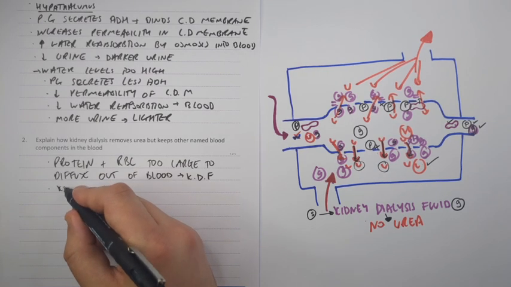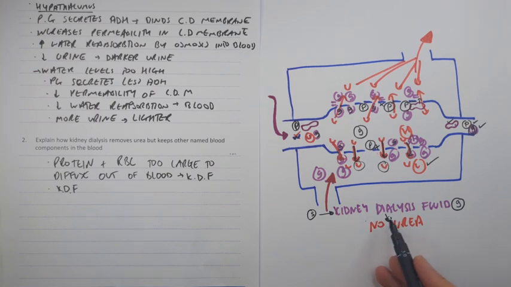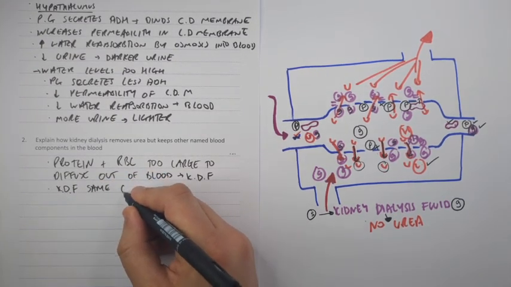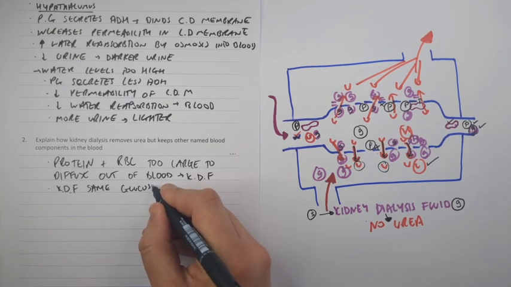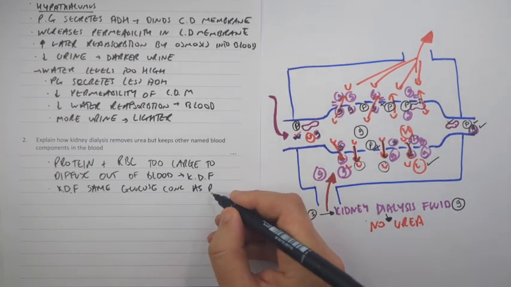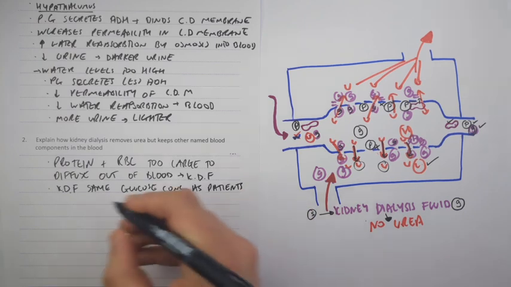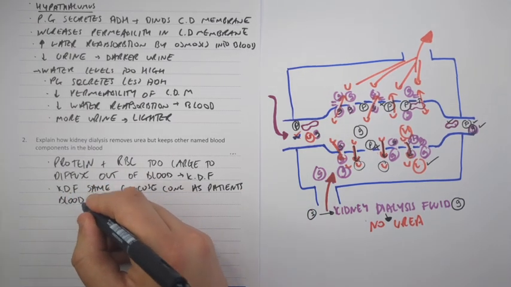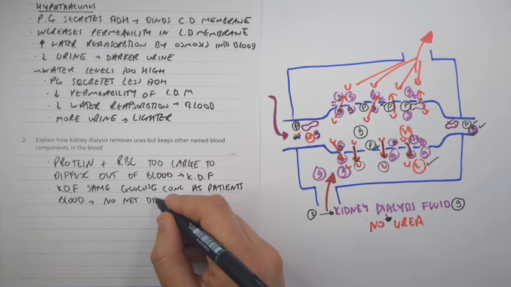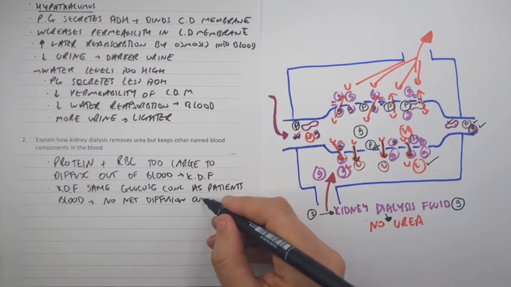Kidney dialysis fluid, always write this out fully, but I'm writing shorthand now. Kidney dialysis fluid has the same glucose concentration as the patient's blood. So no net diffusion of glucose out of blood.